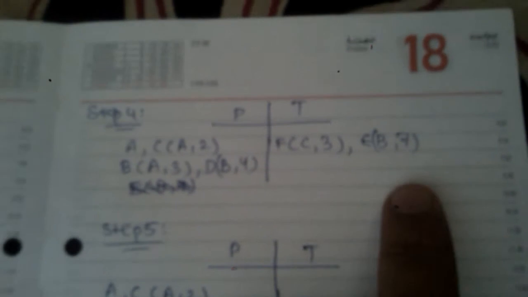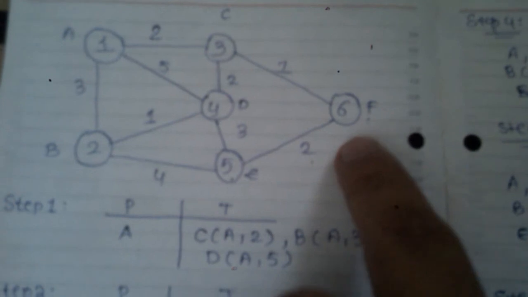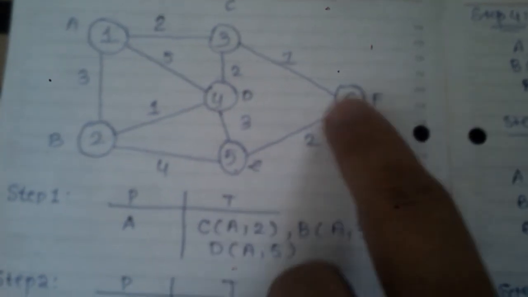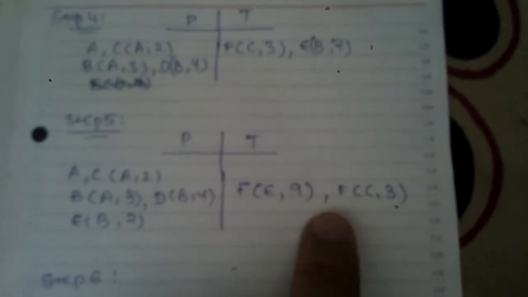Now the smallest is F, C, 3, but it is the destination. So we will select E, B, 7, and from E the next is F. From E to F towards A is 1, 2, 1 and 2, which equals 5, but it is not selected. So we will select the first previous inputs, E, B, F, E, 7.